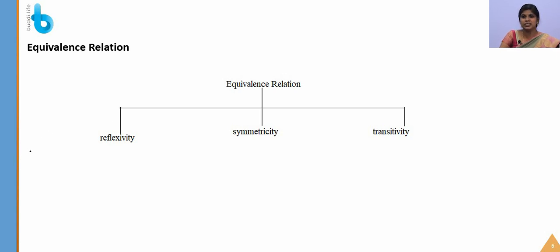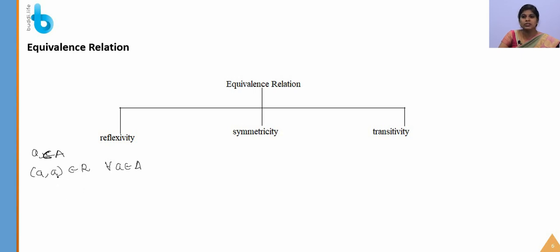Reflexivity is nothing but, if a relation is defined on the set A, and if I take an element from the set A, then (a, a) should belong to the relation R for all a belonging to A. That is, both the elements in the ordered pair should be the same, that is (1, 1), (2, 2), (x, x), (y, y).